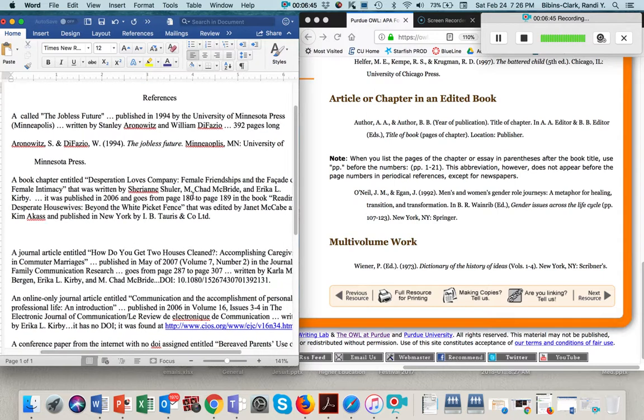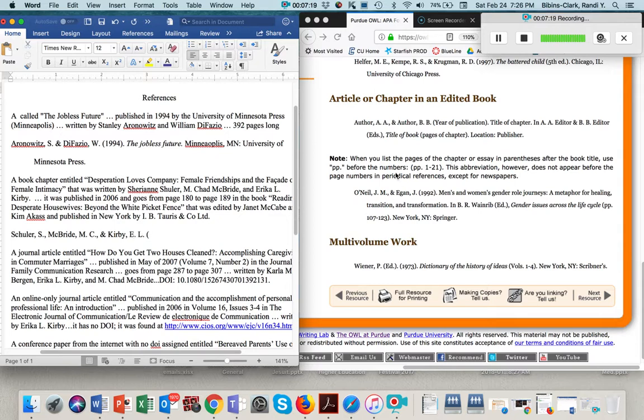So my authors of the chapter are Sherry Ann Schuler, M. Chad McBride, and Erica L. Kirby. Schuler, S, comma, because that's what I can see here. I have McBride, M. Chad, comma, and then an ampersand, because that's what I have here, and Kirby, E. L., period.